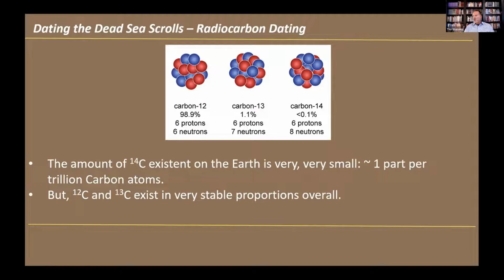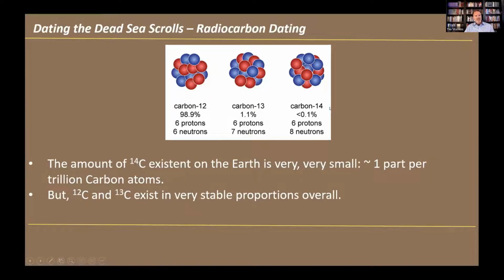It's actually about 1 part per trillion carbon atoms. But because carbon-12 and 13 are stable, they also exist in very stable proportions. For carbon-12, it's 98.9%. Carbon-13, it's 1.1%. And again, there's a very, very small fraction that is carbon-14.